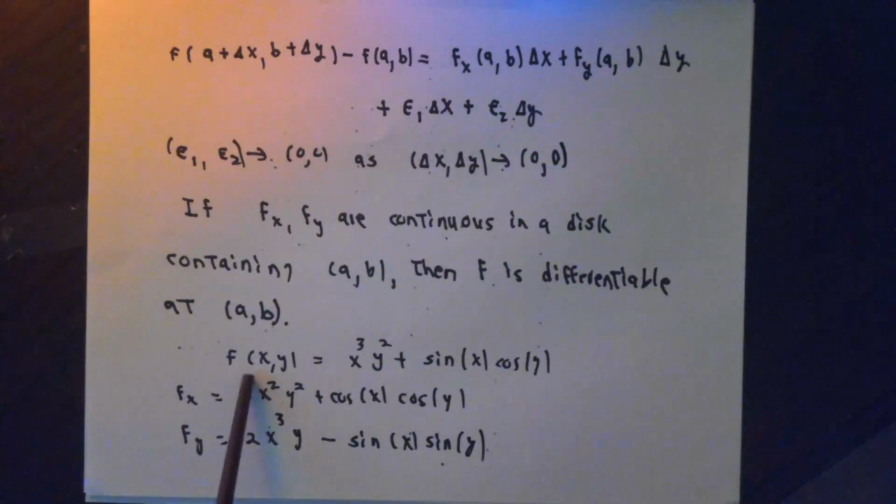For example, if f of x and y is x cubed y squared plus sine x cosine y, it's easy to calculate the two first-order partial derivatives. Since these are sums and differences of products of continuous functions, both of these first derivatives are continuous everywhere. That tells me that the f function is differentiable everywhere.